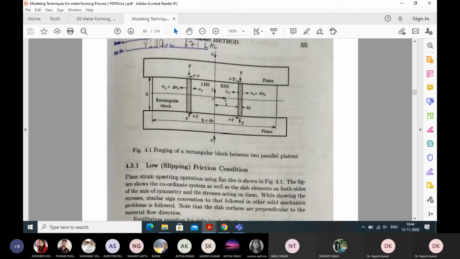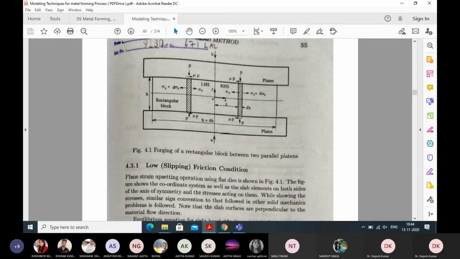This resistive stress will be equal to mu P. P is perpendicular, in this y direction, downward. Similarly, from the bottom side, you can see P will be in the upward direction.